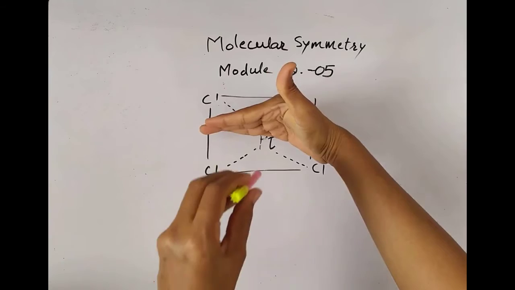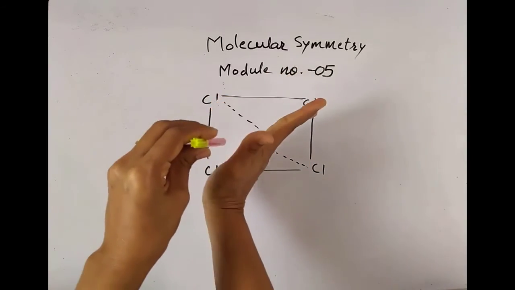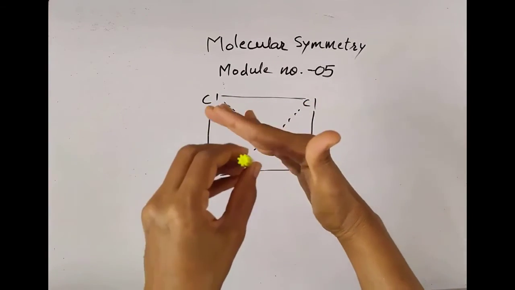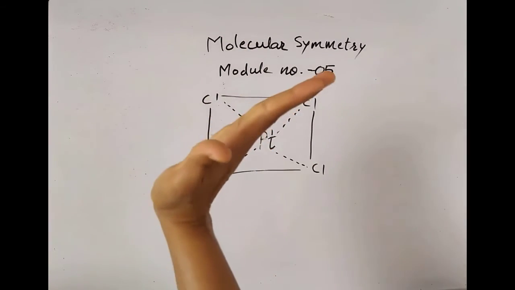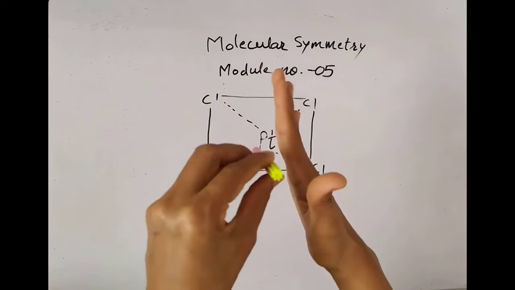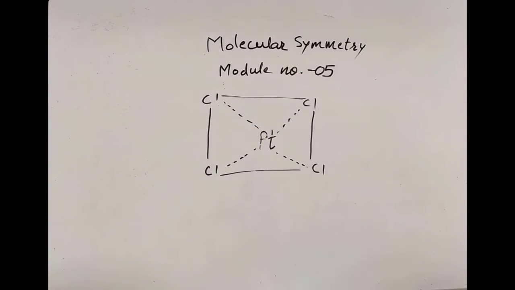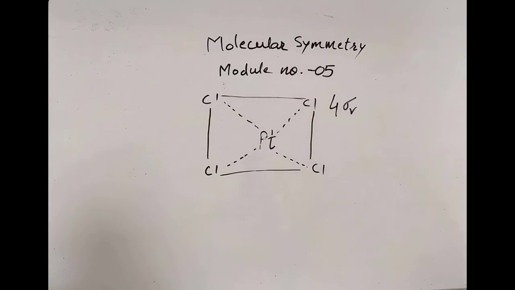Second is also parallel. This will also be parallel and this will also be parallel. So all the planes, 1, 2, 3, 4, all these 4 planes are parallel to the principal axis. Hence all these 4 planes will be vertical planes.